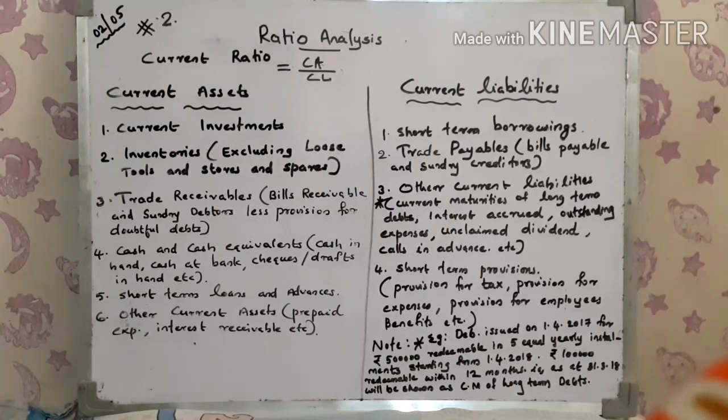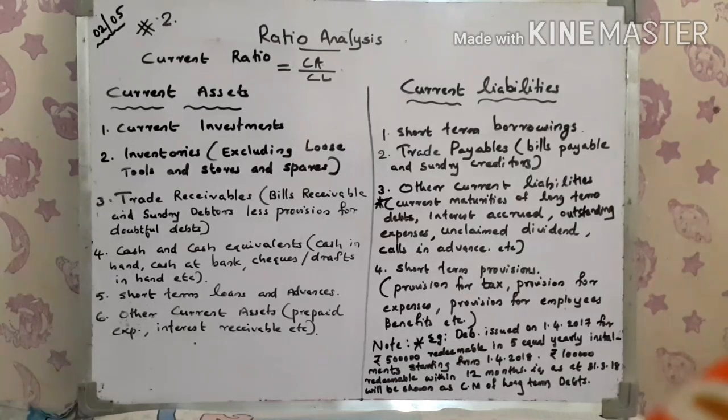Fourth one is cash and cash equivalents, that means cash in hand, cash at bank, checks, drafts in hand, etc. Then fifth one is short-term loans and advances. Any short-term loans and advances given to other companies you also consider as current assets. Then sixth one, other current assets. Other current assets means prepaid expenses, any expenses you paid in advance, or any interest receivable. These are the items that come under current assets.